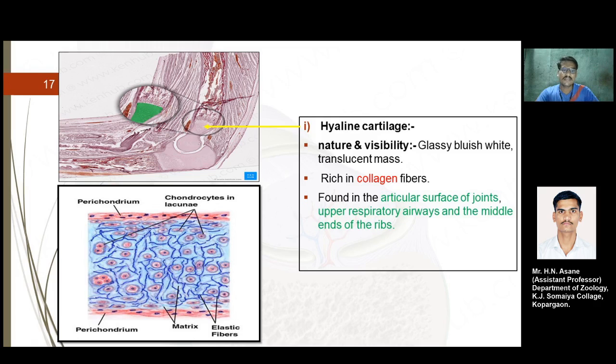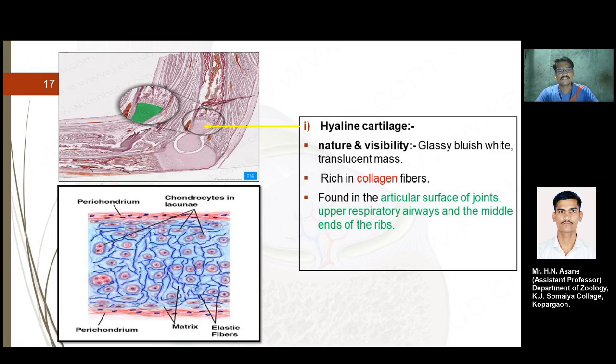Here you can see the transverse section of the hyaline cartilage. The perichondrium, as I said in the last slide, covers all over the cartilage. You will see the perichondrium at the top and also at the bottom, and this matrix is a bluish white, bluish colored matrix with a glossy finish, and this covers all over the surfaces.